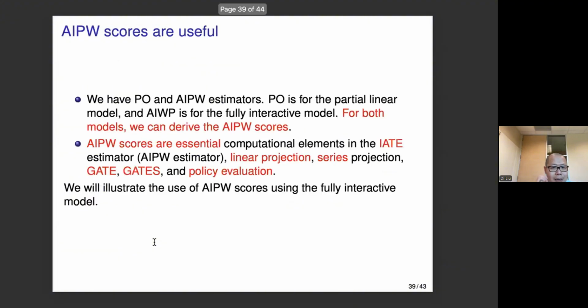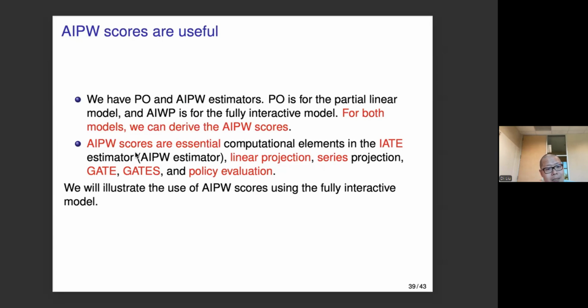Okay, so finally, I want to talk a little about the AIPW scores that have been used. The AIPW score is hidden in many different uses in CATE estimation. The first thing I want to emphasize is that for both the PO estimator and AIPW estimators, we can derive the AIPW scores.